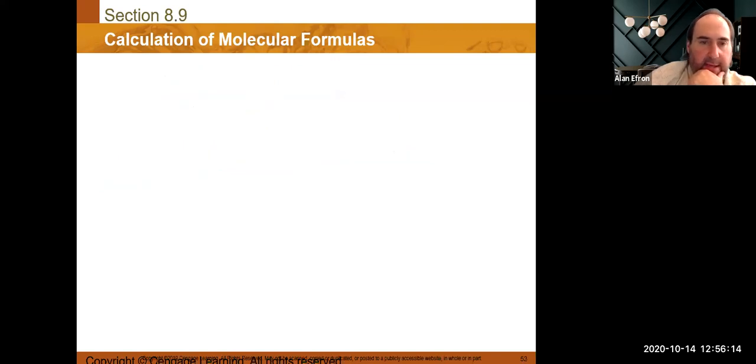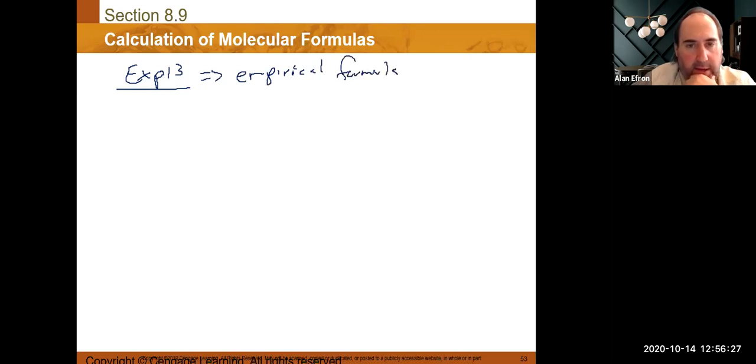In experiment 13, we were going to be looking for the empirical formula of magnesium oxide.